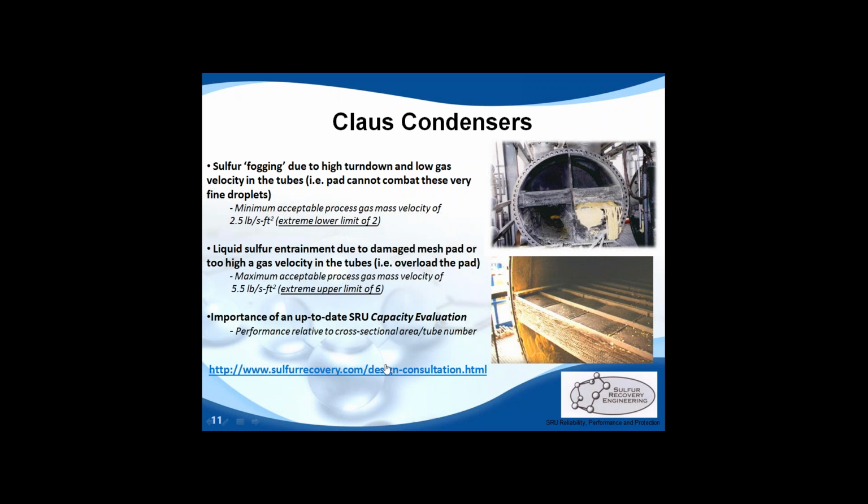Sometimes, in very extreme cases where the process gas mass velocity through our tubes is very low, at the next available opportunity, such as a turndown, teams will go in and block off a designated number of tubes, so that upon restart-up of the SRU we will have a higher process gas mass velocity through our tubes.